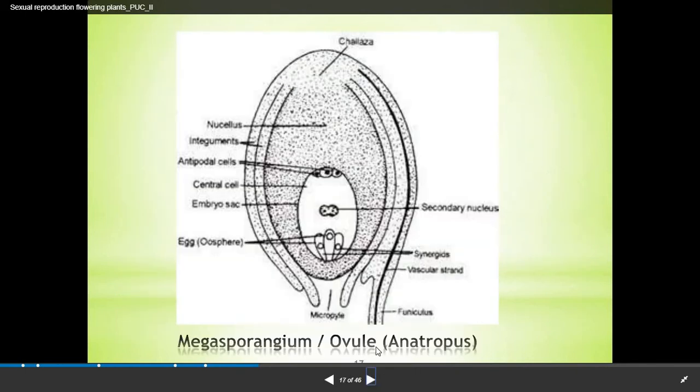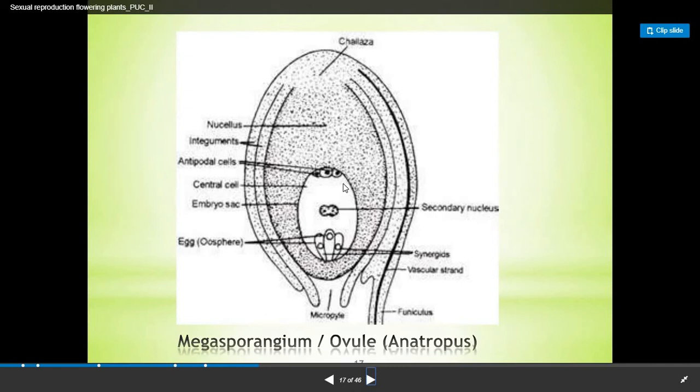Now this is the Anatropous ovule structure. Here you can see how it is arranged and how all the nuclei are arranged. This is the chalazal portion, this is the micropylar end, this is the funicle. Synergids are present containing the egg. So all this together is known as egg apparatus.